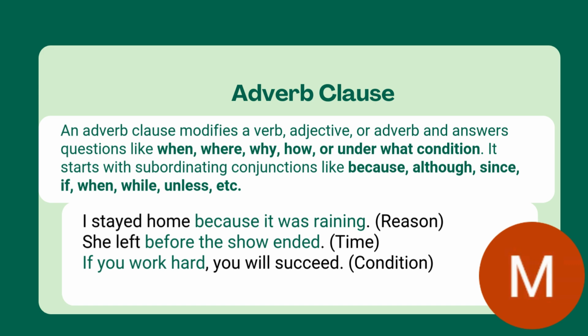An independent clause can stand alone as a sentence, while dependent clauses need an independent clause for completion. There are three main types of dependent clauses: noun clauses, adjective clauses, which are also called relative clauses, and adverb clauses. With this, we come to the end of this lesson.